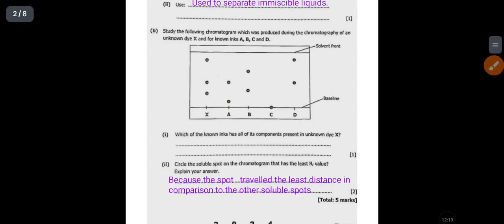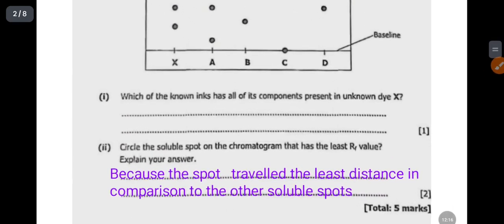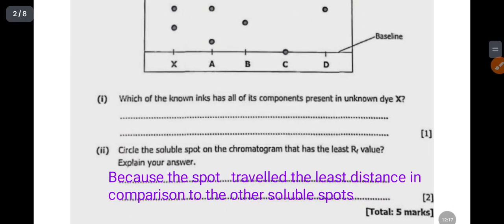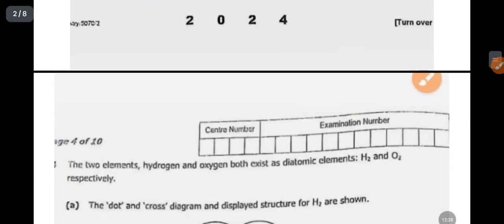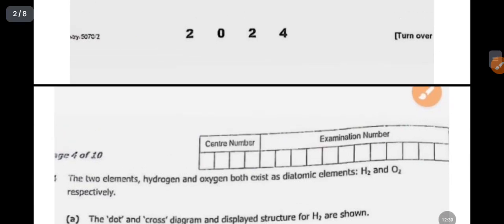Alright. So here I wrote that because the spot traveled the least distance in comparison to other soluble spots. Okay. Then question 4. The two elements, hydrogen and oxygen, both exist as diatomic elements.